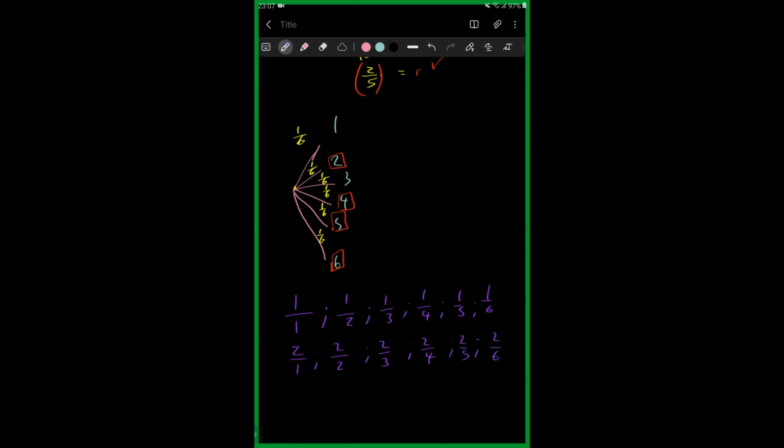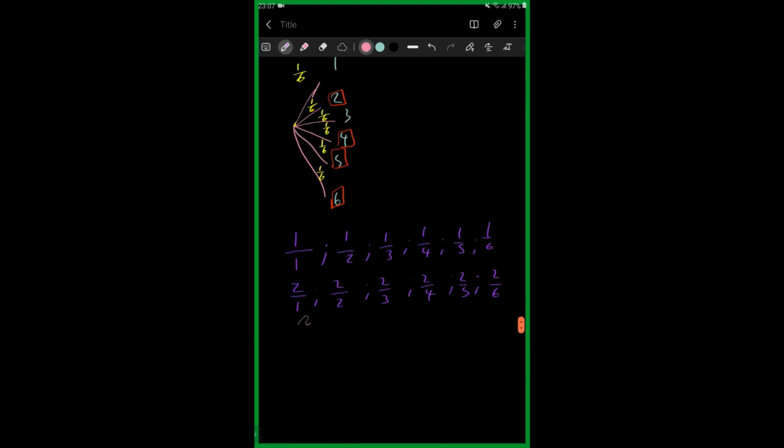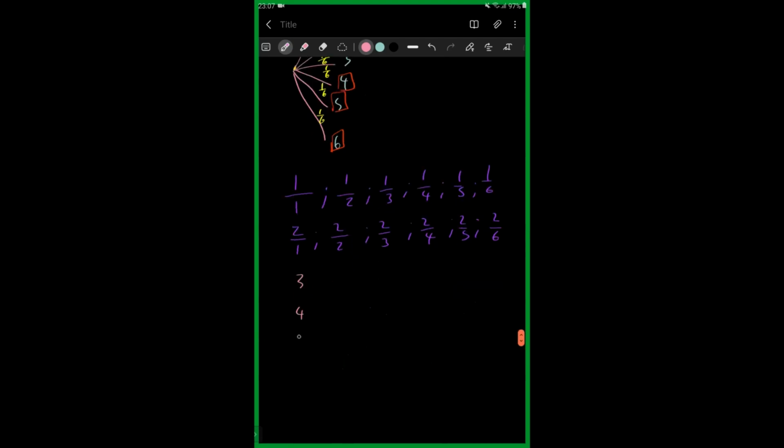And then the same happens for the 3, the 4, the 5, and the 6. All these will get a chance to be over all the numbers from 1 going to 6.